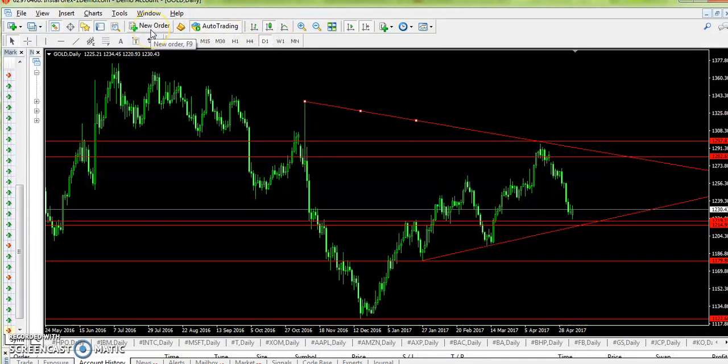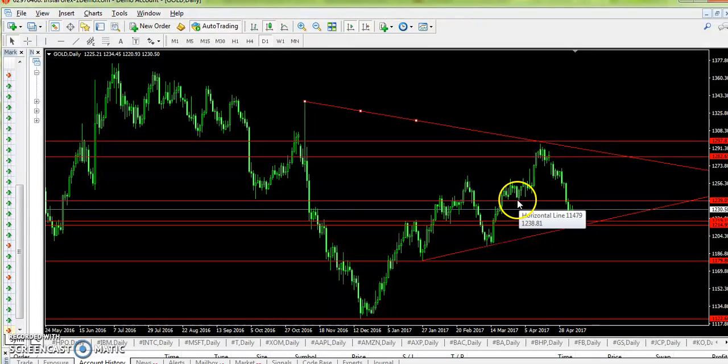Why have I said it? Because it has broken this previous swing low, this particular swing low.